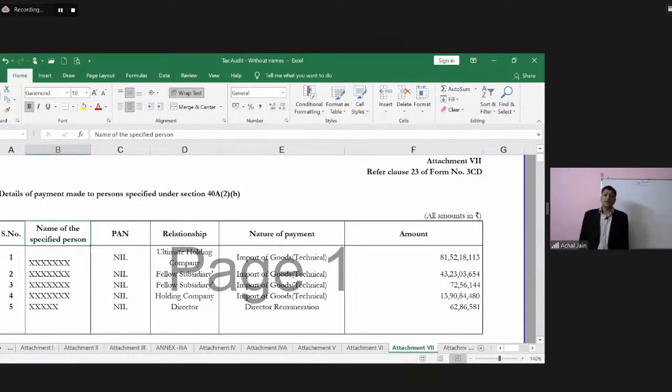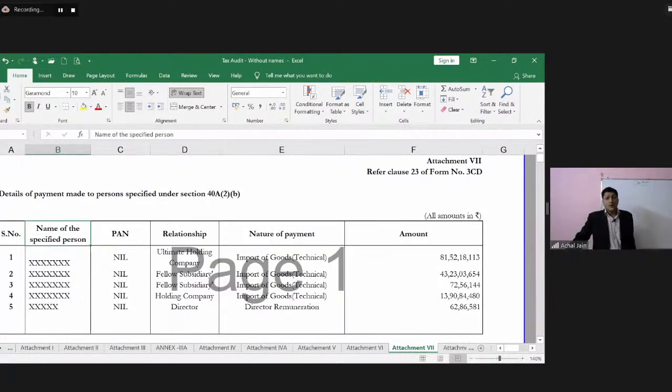This is to ensure that all the current year's transactions with all of these specified persons get reported under this clause. Let's understand some of the related parties which will get captured: the ultimate holding company, directors of the company, and the fellow subsidiaries all fall under the purview of this provision of the Income Tax Act.